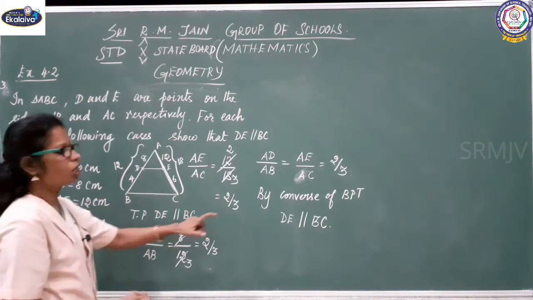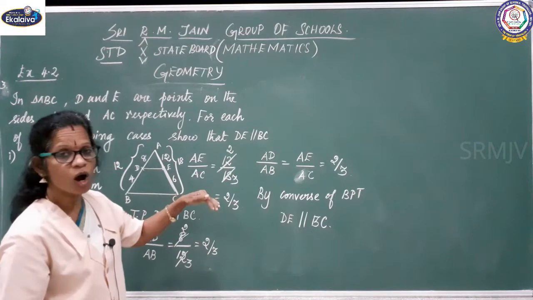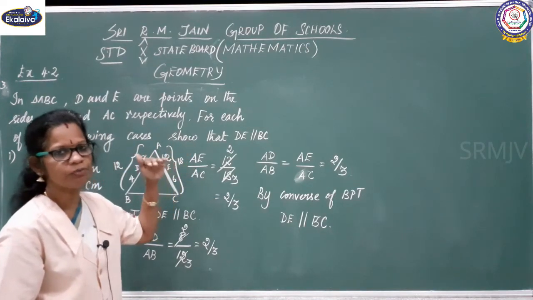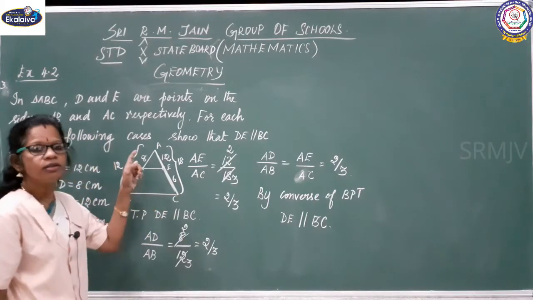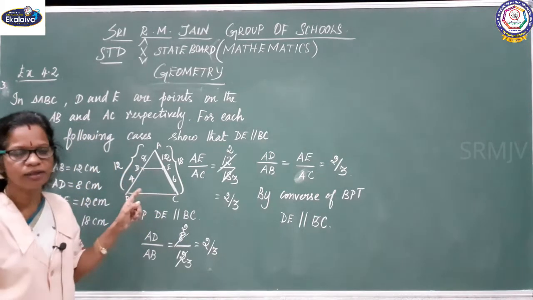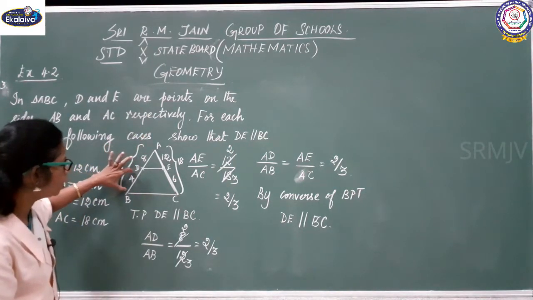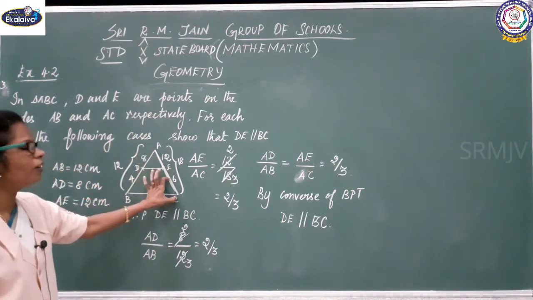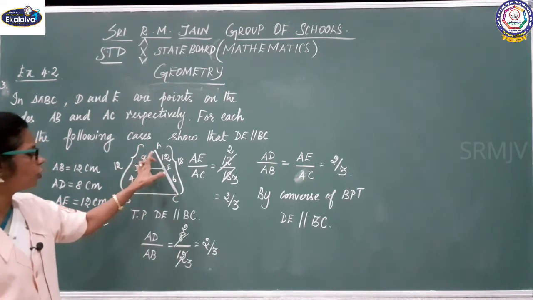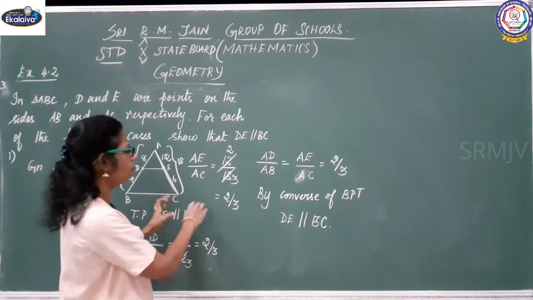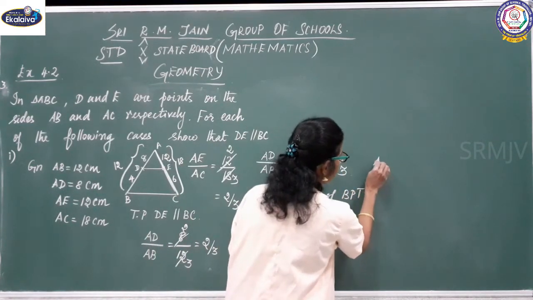See here, converse of BPT, I said DE parallel to BC. If you want the BPT concept, what is it? If the line is parallel, the ratios are equal. What ratio? AD by DB equal to AE by EC. This one I am going to write in another format.